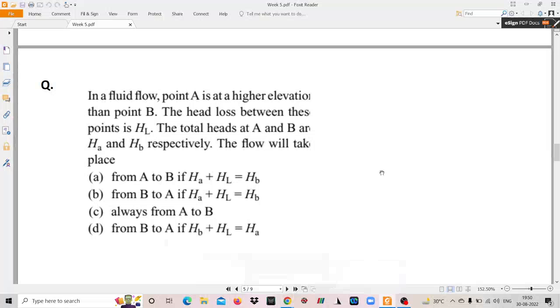Think carefully and tell me. There are four options. Tell me which one is the correct option.